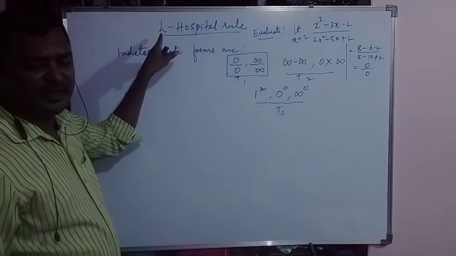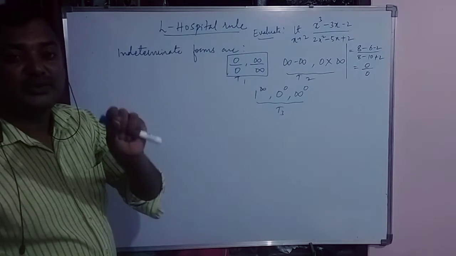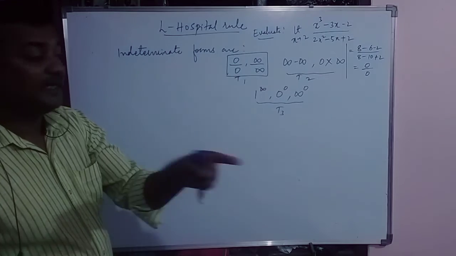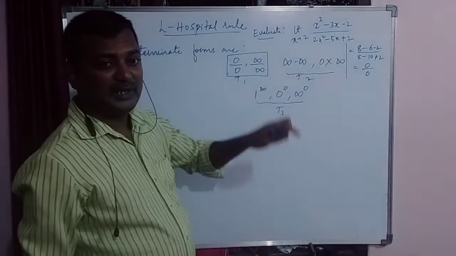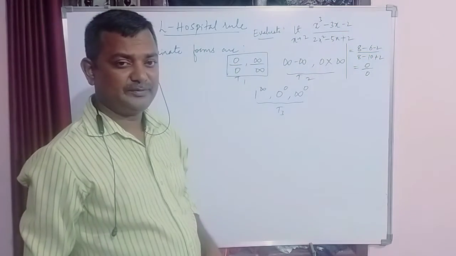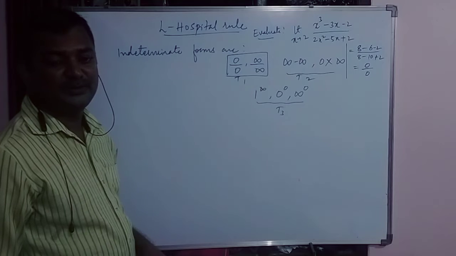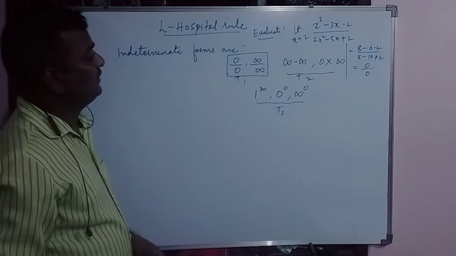As I already mentioned, why L'Hospital rule? L'Hospital rule is used to evaluate the limits which will take indeterminate forms. Other than L'Hospital rule, we also have other methods. I think we have already studied in plus 1, plus 2 level, PUC level, or 10 plus 2 level.